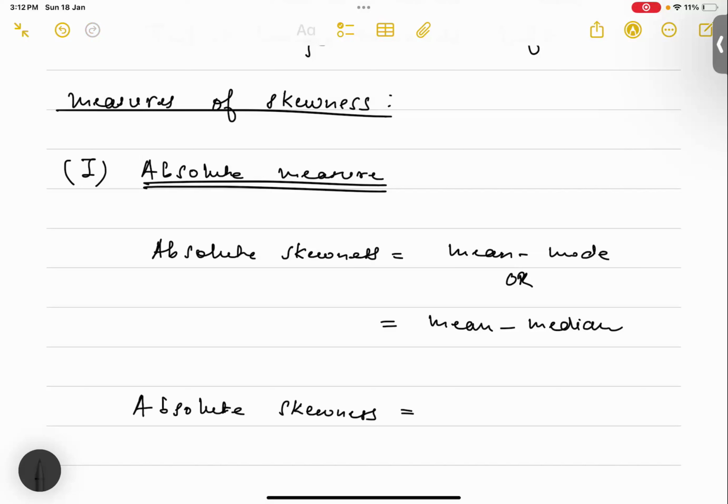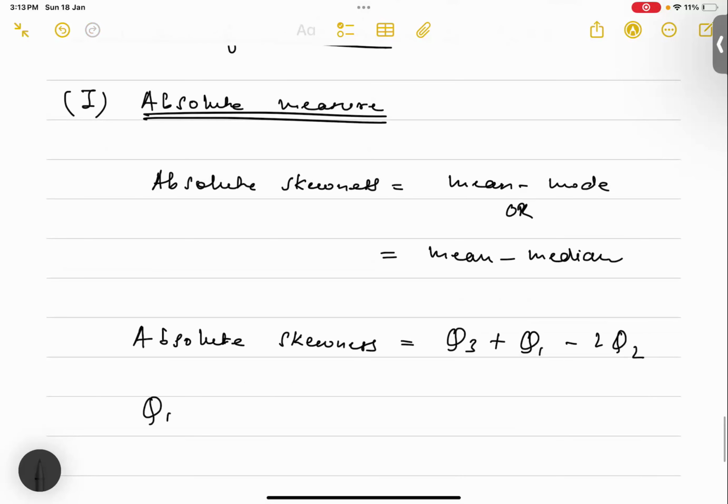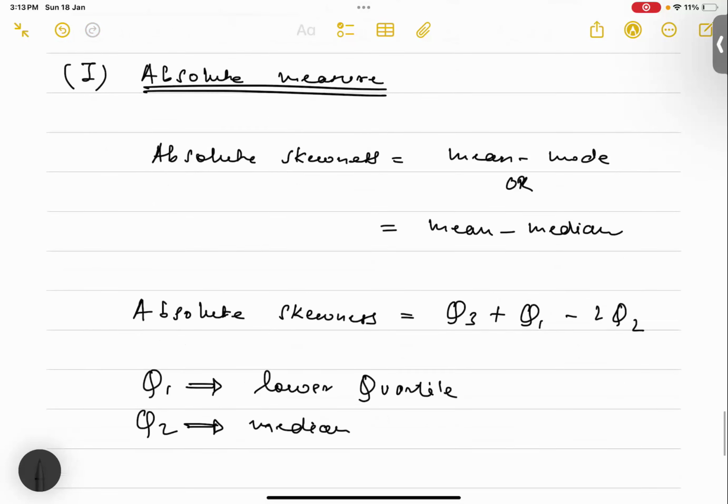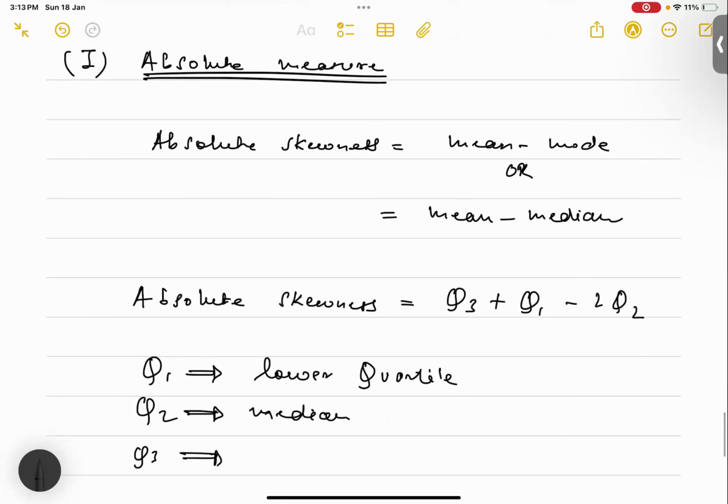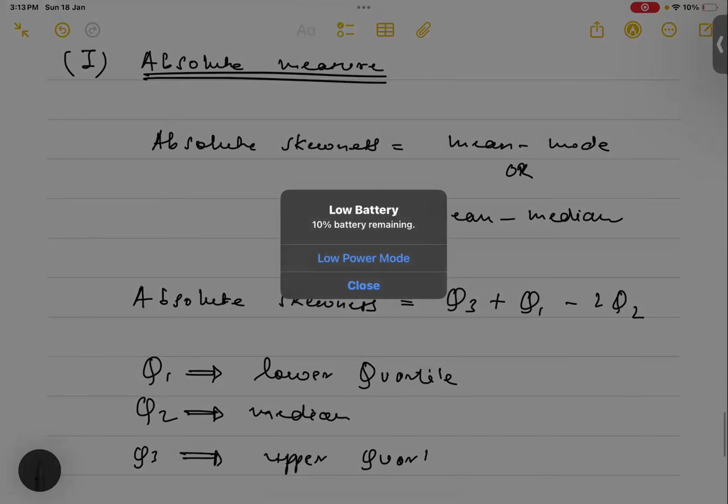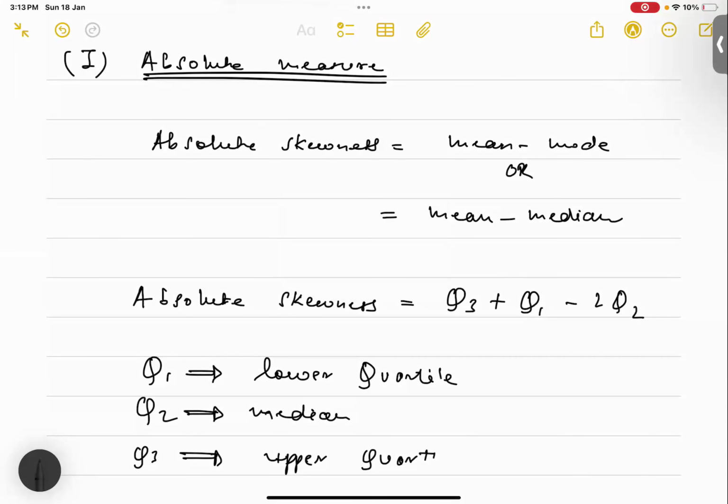It is based on quartiles: Q3 plus Q1 minus 2Q2, where Q1 is the lower quartile, Q2 is the median, Q3 is the upper quartile. Please copy this.